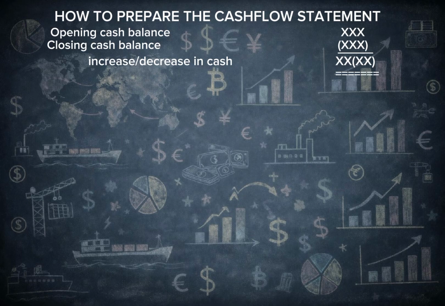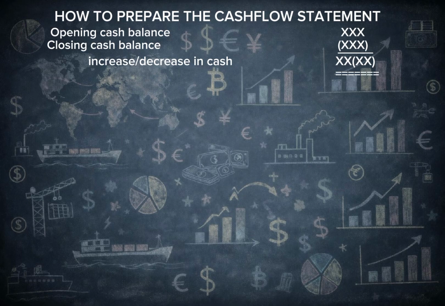Therefore, the essence of the cash flow statement is to explain how we came about this increase or decrease in cash. The cash flow statement is used to reconcile the reasons for this difference by explaining the various activities that led to it.